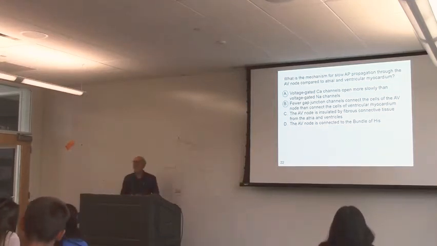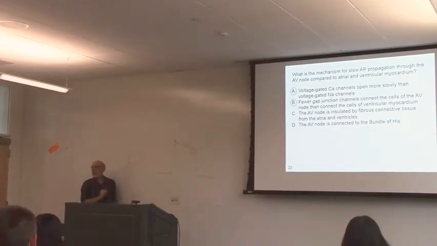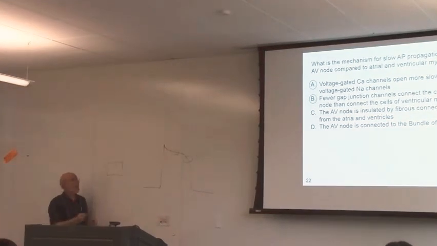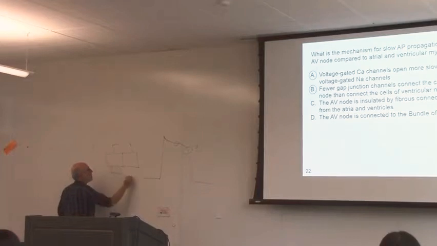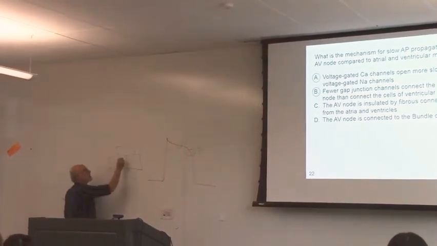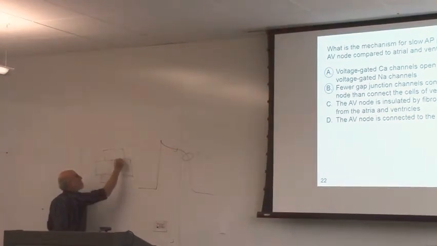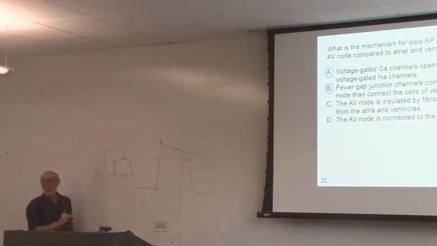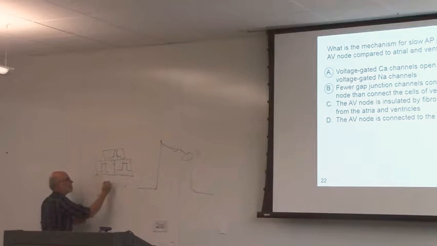So what's the image in my mind? I'm thinking about a ventricular myocardial cell, and here is its neighbor. So here is a stack of these, they're not bricks, they're cells, but they're sort of brick shaped. And the cells have a lot of gap junctions that connect them to their neighbors. So if this one fires an action potential, then the neighbors fire an action potential. The neighbors fire an action potential very quickly because this depolarization spreads.